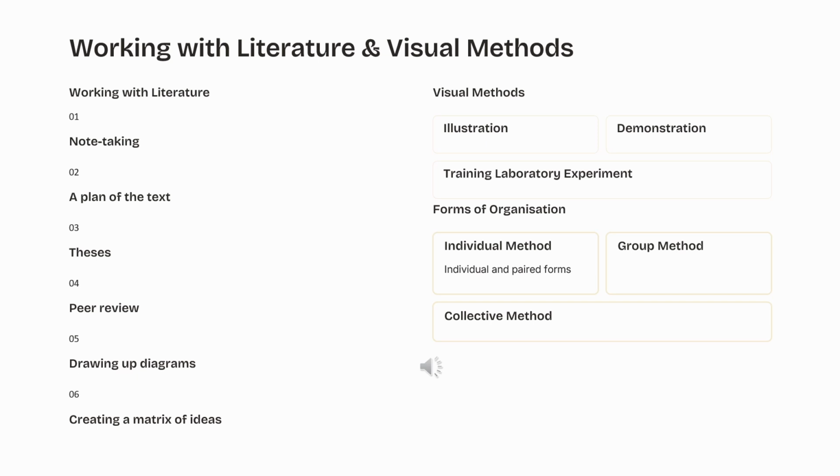At the same time, the slide identifies visual methods such as illustration, demonstration, and laboratory experiments. It also refers to forms of organization: individual, paired, group, and collective. Accordingly, the educational process is shown here as a combination of cognitive operations, visual support, and organizational design.